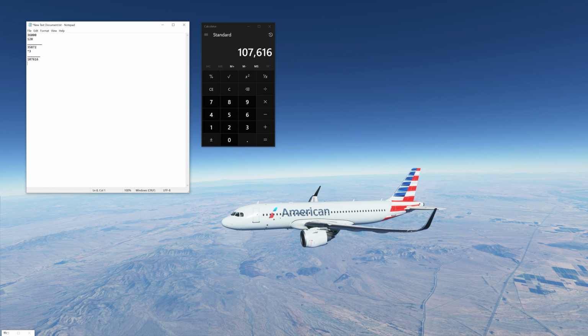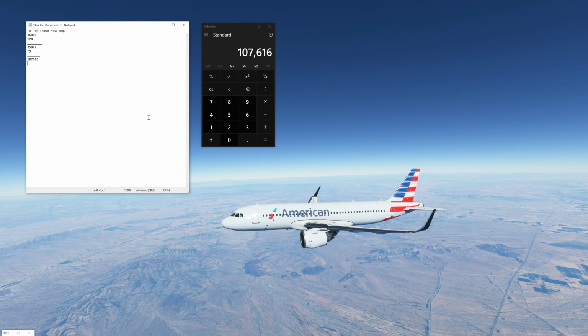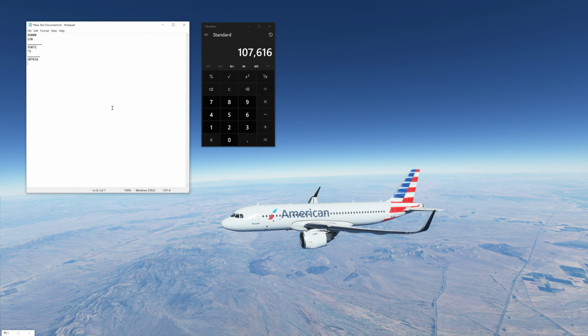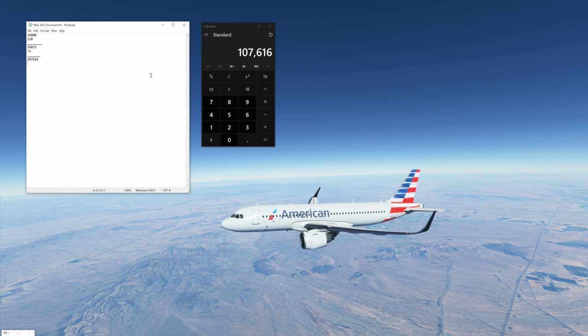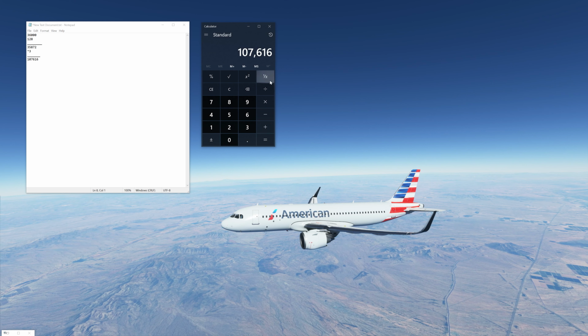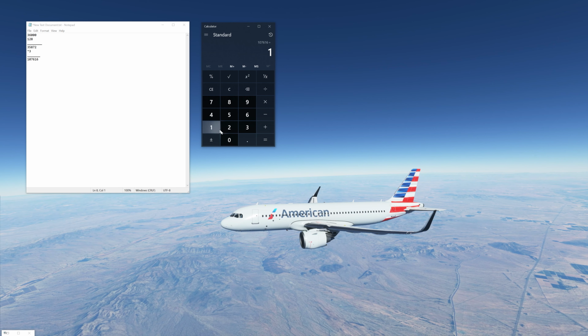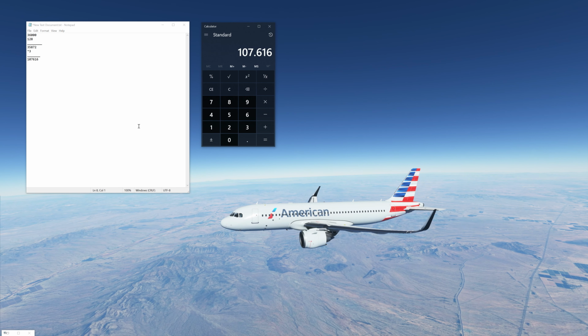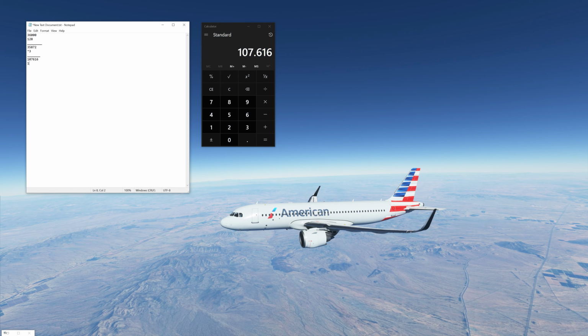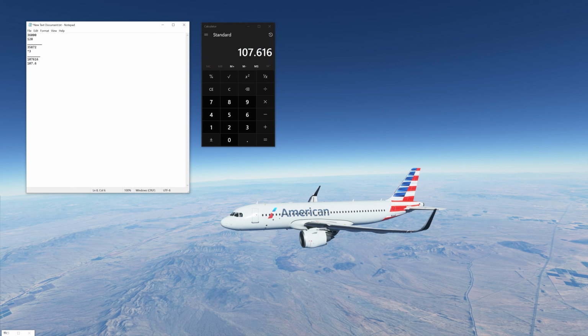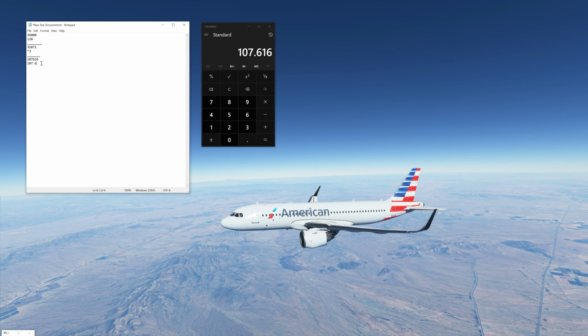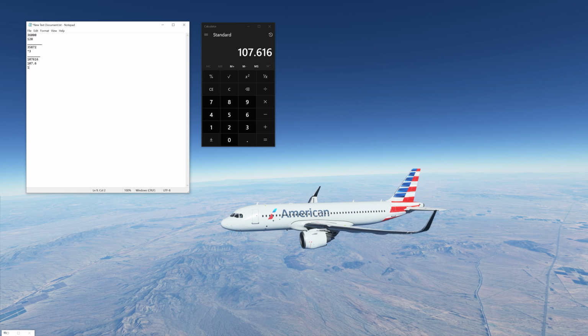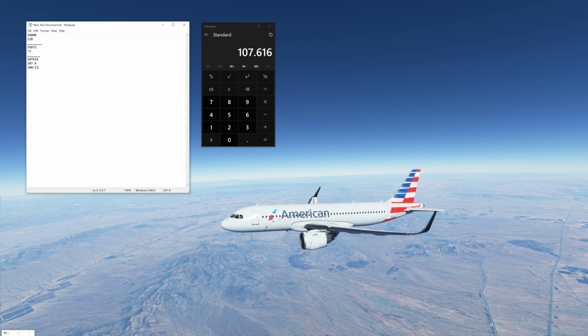And then we're going to divide that by 1,000. The idea is that's going to be 1,000 feet per minute. So we take this and divide by 1,000, and we get 107.6, which we can round up to 108 or 110 miles.